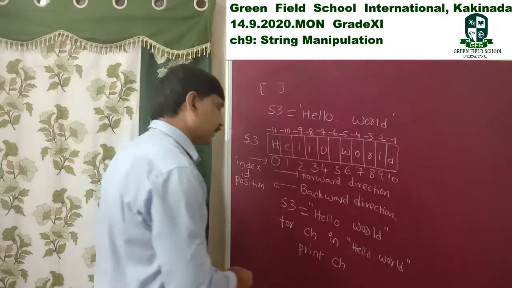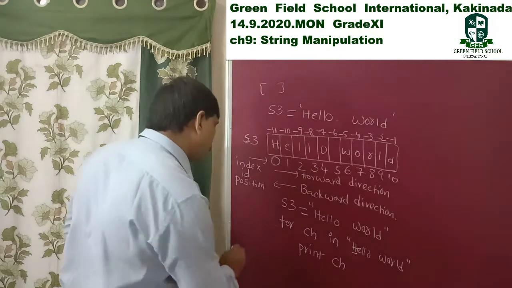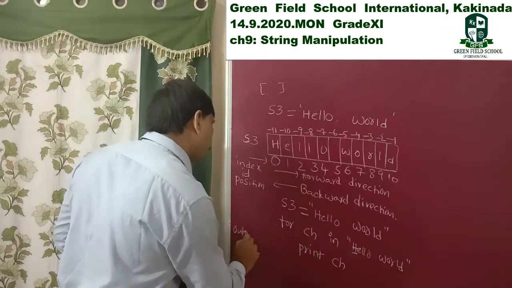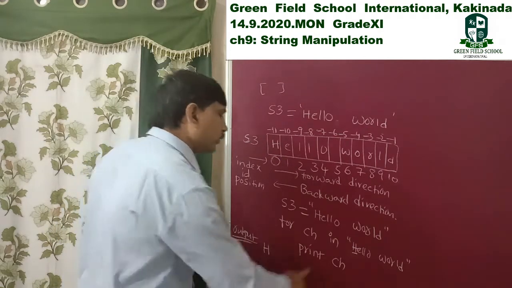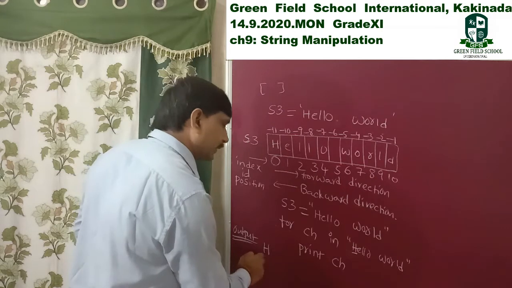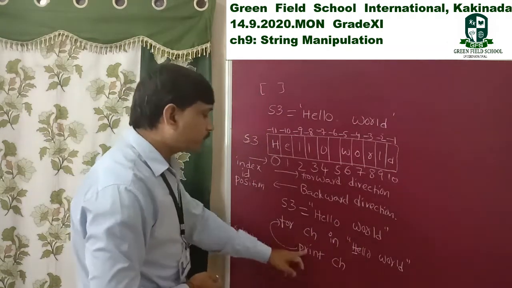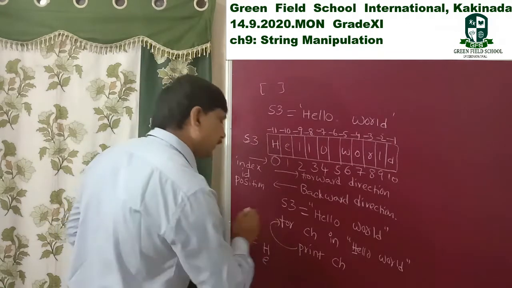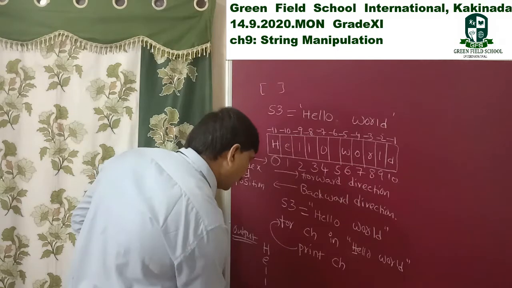First it takes H, so it displays H in the output. Coming to the next, it prints CH, which means E, the second character. So H E, after that L, after that L O and so on.